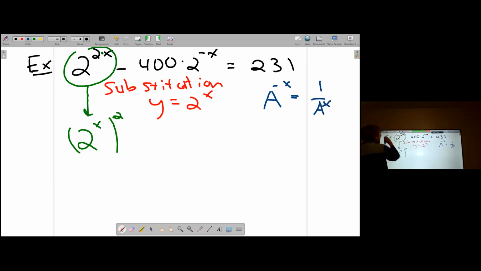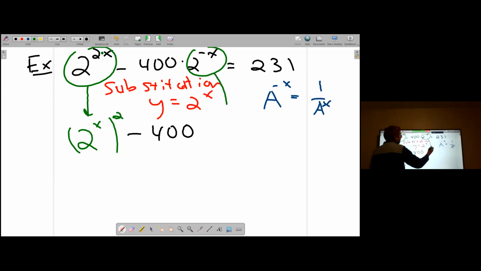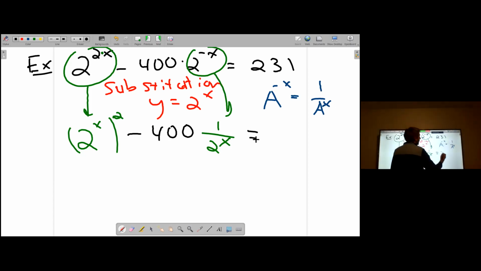So this is going to become minus 400 times, using this rule, 1 over 2 to the x. And so, I guess that equals 231.